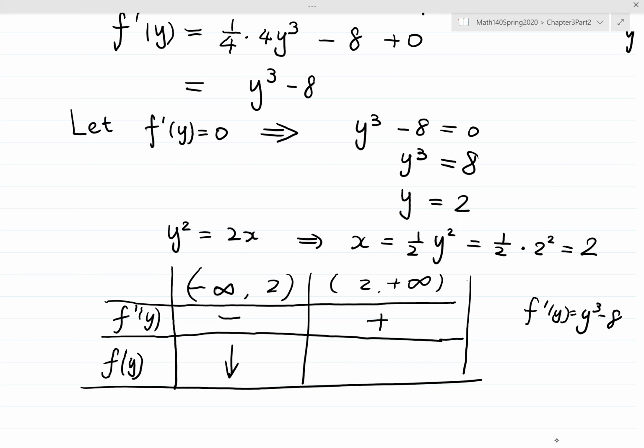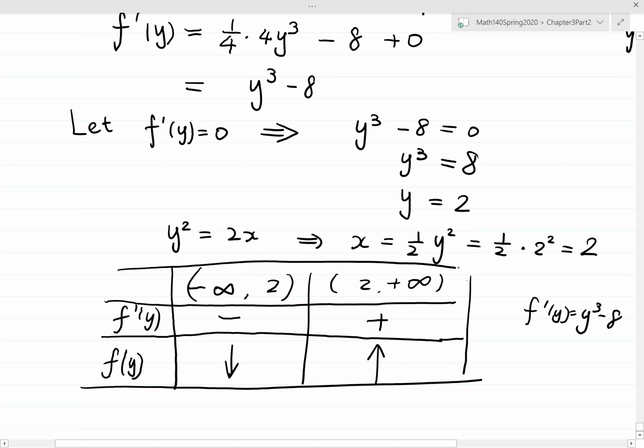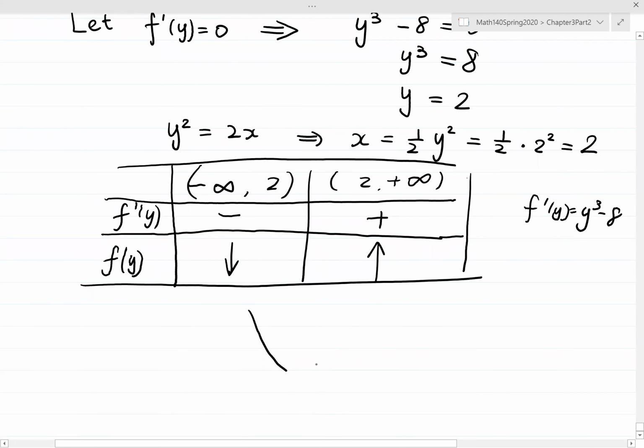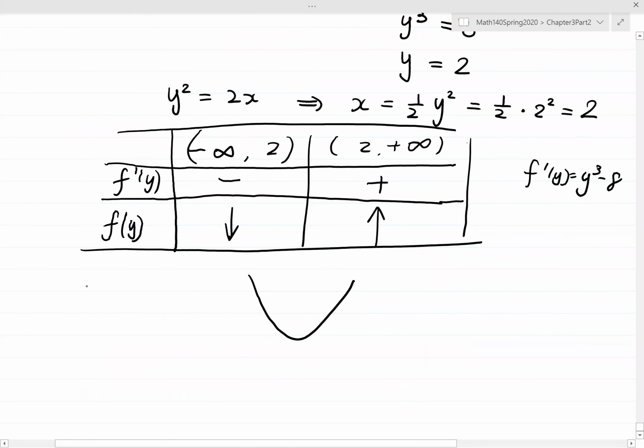Now derivative is positive, then the function is increasing. So we can conclude that the function is decreasing then increasing. So you see we have a local minimum. Actually it's a global minimum at y equals 2. Okay, so this is the minimum.